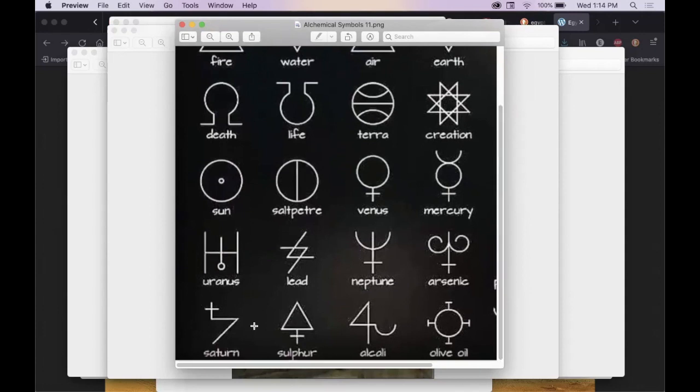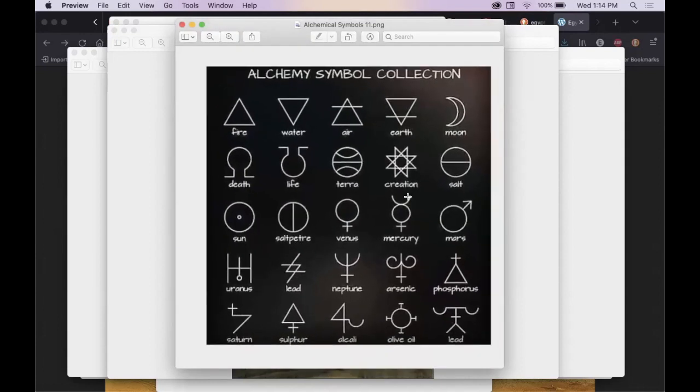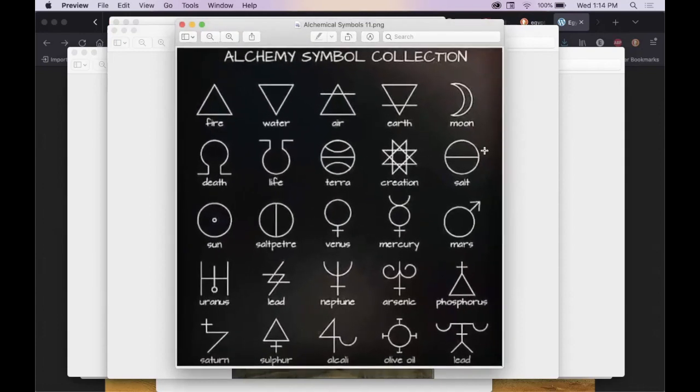So all of the other planets and different alchemical elements, they're all here. It's important to get to know this stuff because we will be seeing these things out in the world and we won't know what they mean. But, coming across this, it stopped me in my tracks and I'm like, wait a minute, because it hit me about the Ankh. Now, let's go look at some other stuff.